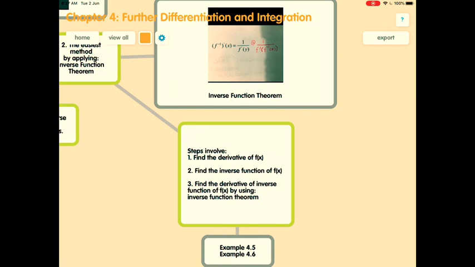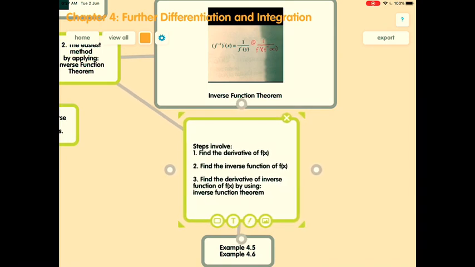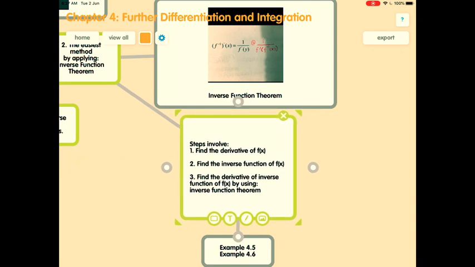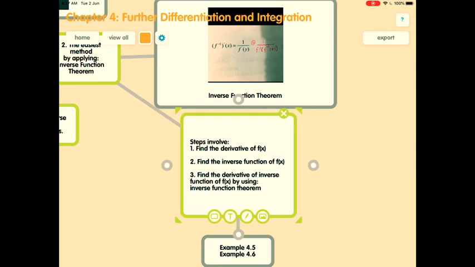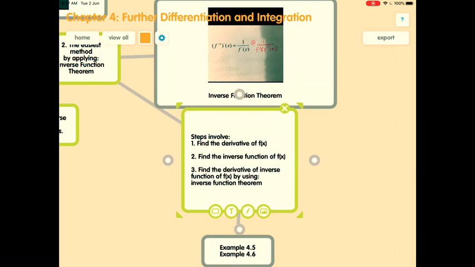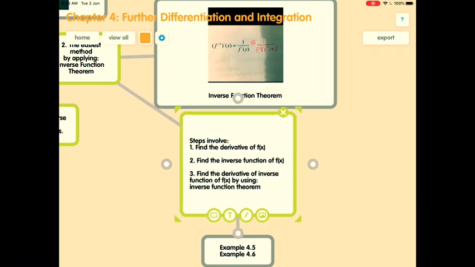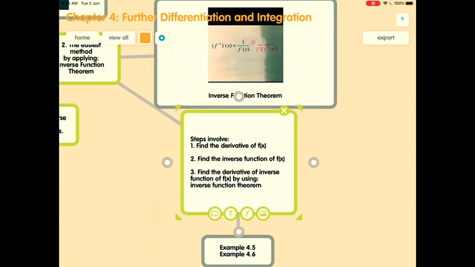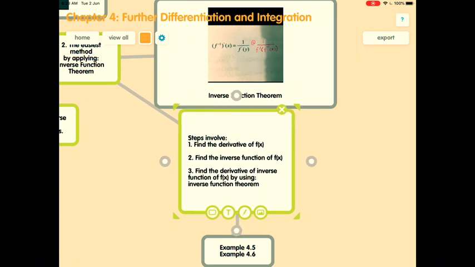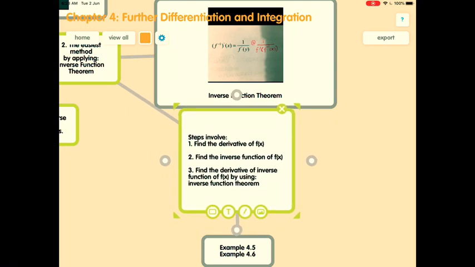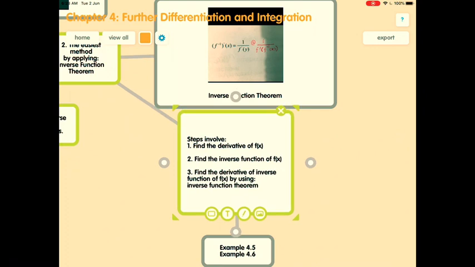But before that, if you want to apply the easiest method, you need to know the steps for it. There are basically 3 simple steps. The first one is that you need to find the derivative of f(x), which means that you need to find f prime x. Then you find the inverse function of f(x), the original question.